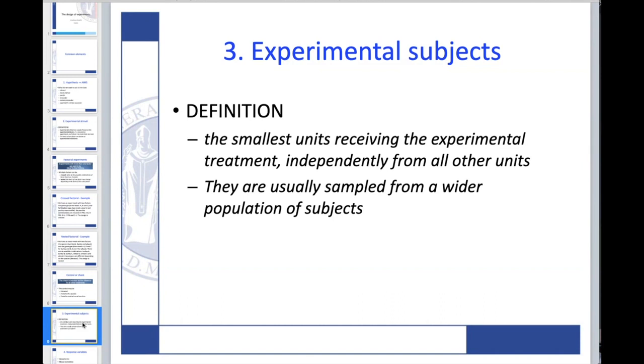Sometimes they have just a few units to allocate the treatment to, so they simply use all units they have. This is why I'm working with very rare breeds or whatever. In that case, they have a few units and they use all units they have. But that's really an exception. Normally, we sample subjects from a wider population.